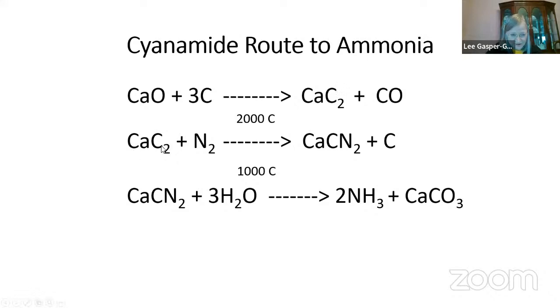Then calcium carbide combines with nitrogen to give calcium cyanamide and carbon, then calcium cyanamide reacts with water to form ammonia finally and calcium carbonate. Notice that this second reaction is running at 1000 degrees centigrade. So these reactions are very energy intensive.